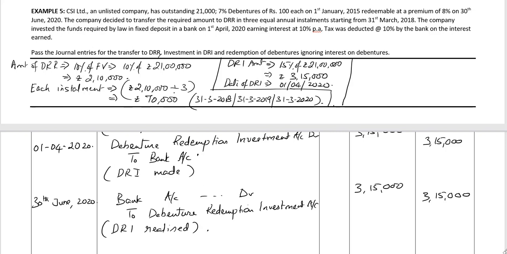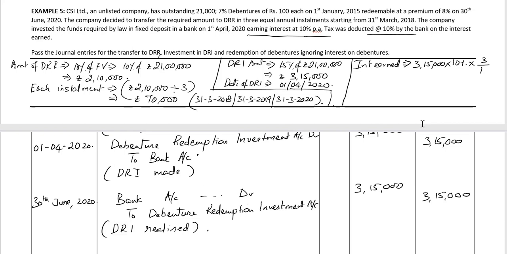Now, as per the question, the fixed deposit that we've made in DRI earns interest at 10% per annum, and there's a TDS which is deducted by the bank at 10%. So the amount of interest earned is equal to the principal amount, which is 3,15,000 rupees, multiplied by 10%, payable for 3 months from 1st April 2020 to 30th June 2020.